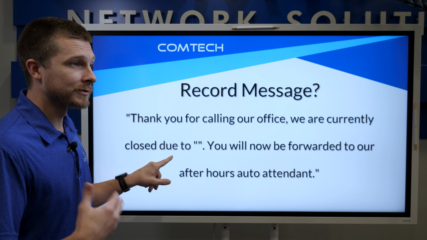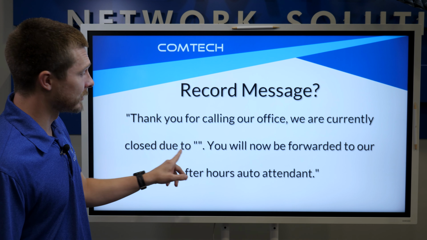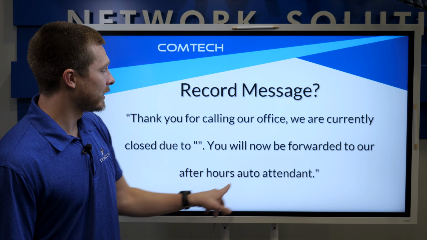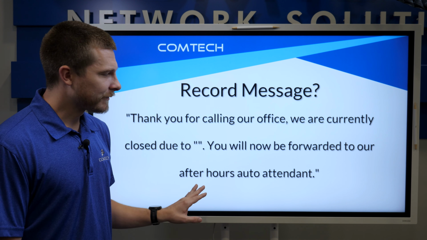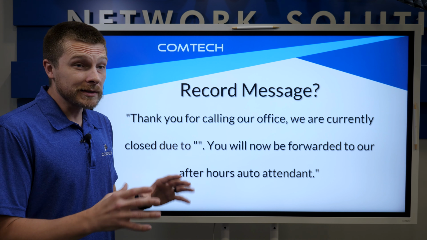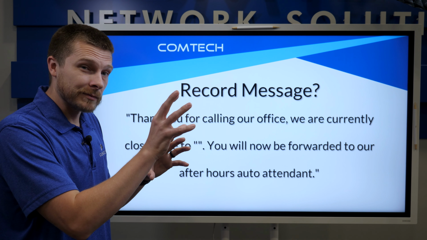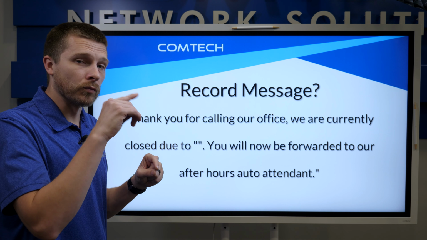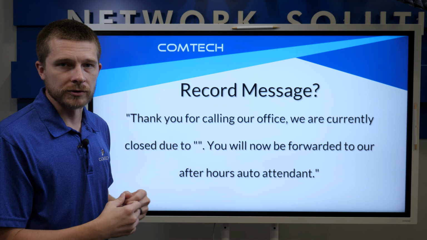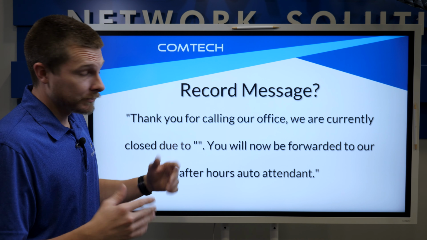If it's a holiday, it'll say thank you for calling our office, we are currently closed due to the holiday. You will now be forwarded to our after hours options. So what it does is it just closes the system, puts up that generic message, and then once the caller hears that, it forwards them to the after hours options, just like you're closed.